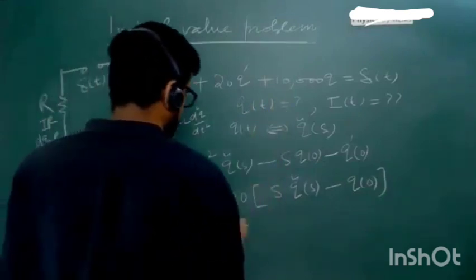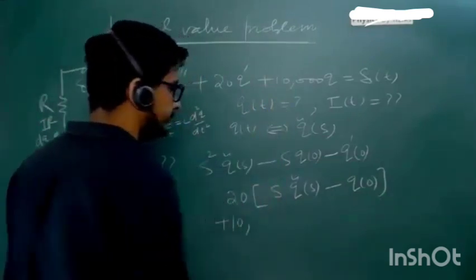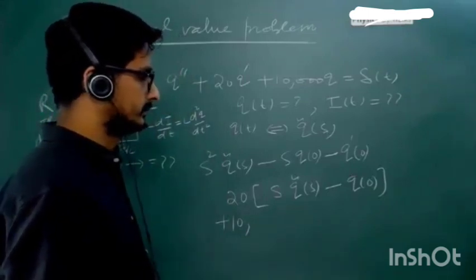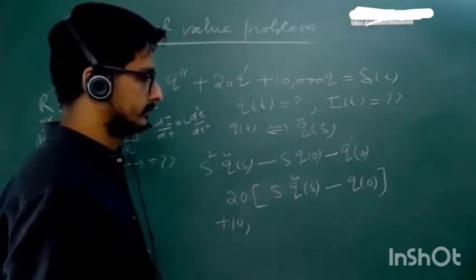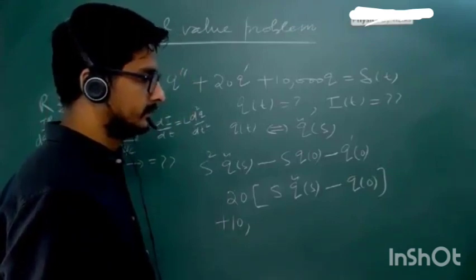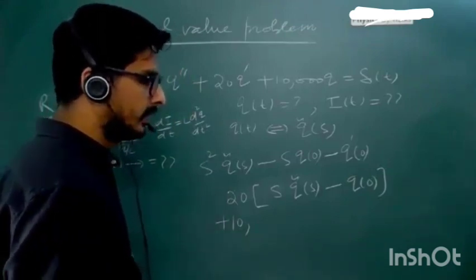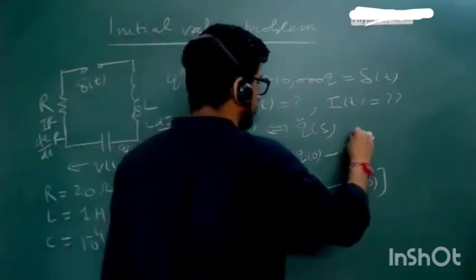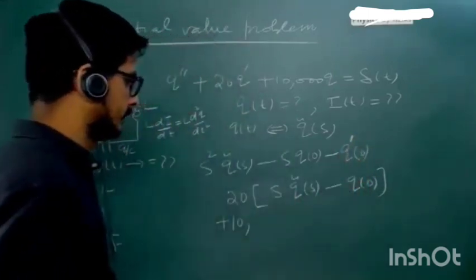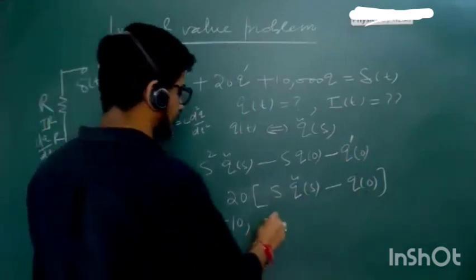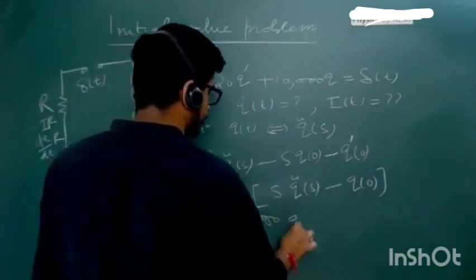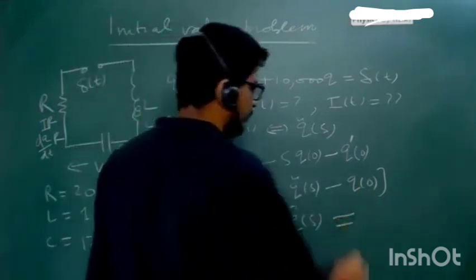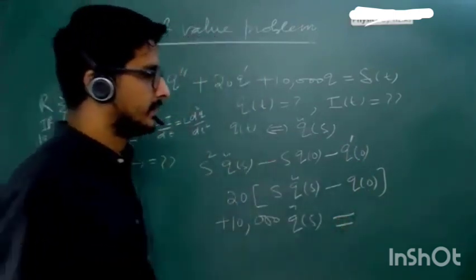And plus Q dash will come. So plus 10,000 Q of s is equal to the delta function.